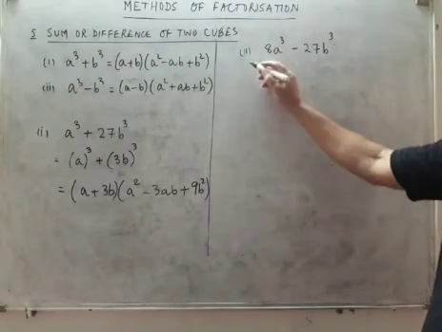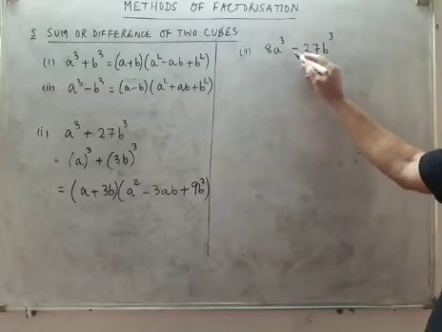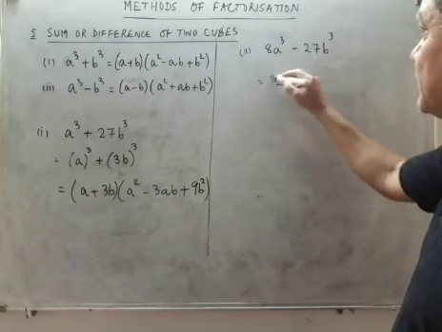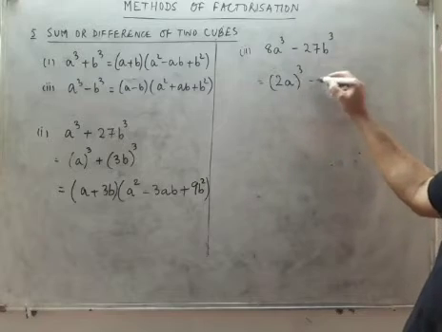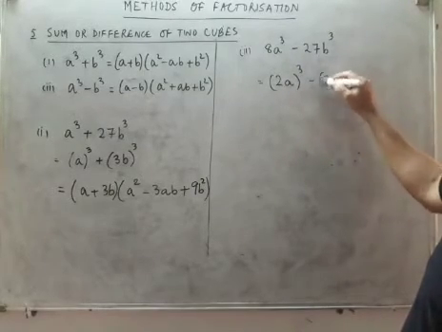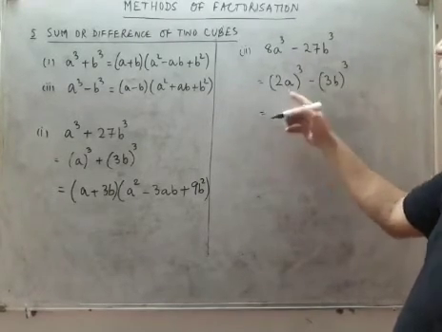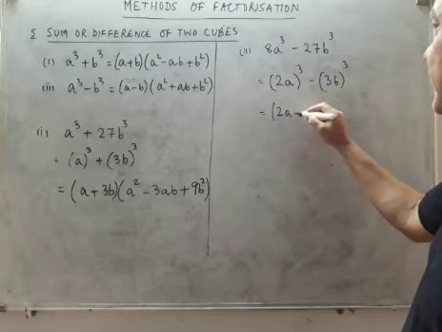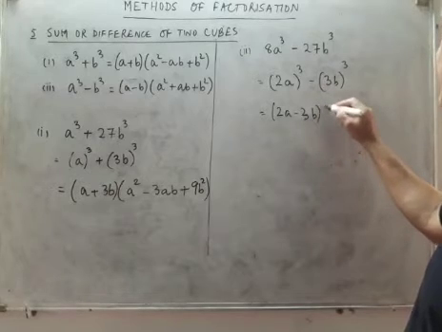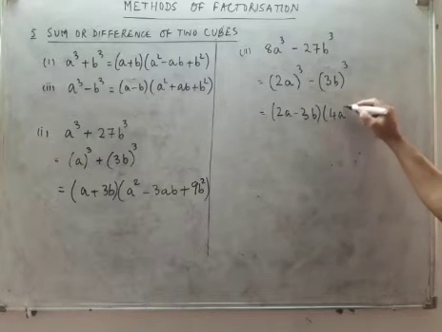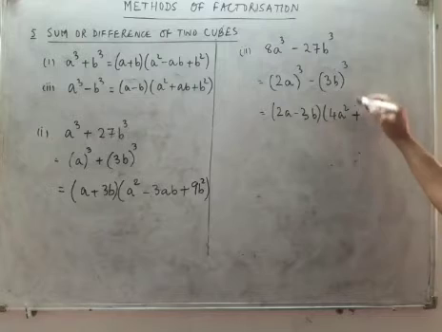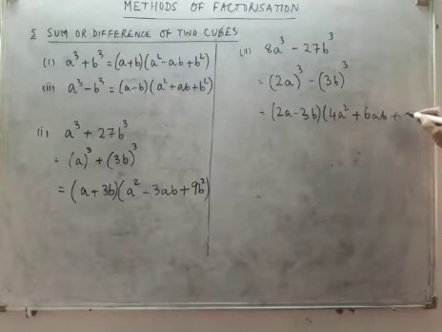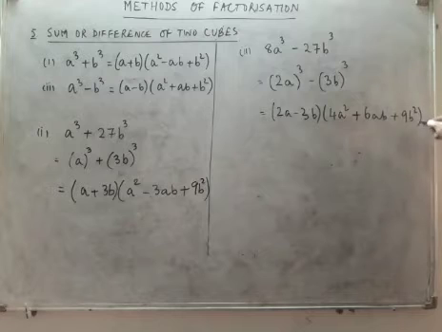See here, second expression, 8a cube minus 27b cube. You can write this as 2a cube minus 3b cube. Remember I told you, the first term cube minus the second term cube will be the first term minus the second term into the first term squared, that is 4a squared, plus the first term into second term, which will be 6ab, and plus the second term squared, that will be 9b squared.